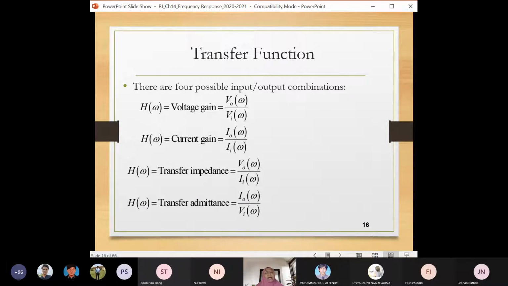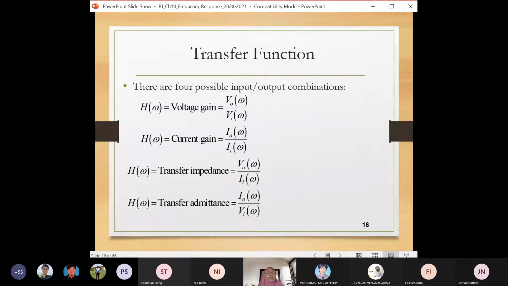If you want to consider current gain, you look at the ratio of Io to Iin. If you want to observe V output as the effect of changing input current, which is Vo over Iin, we call this ratio a transfer impedance.